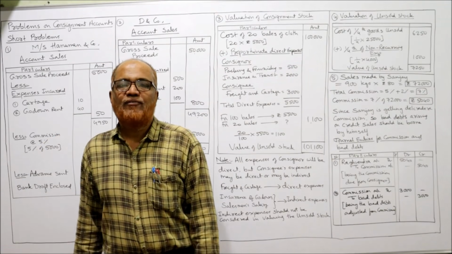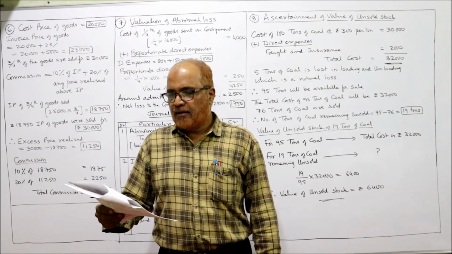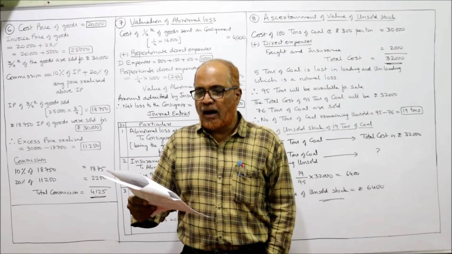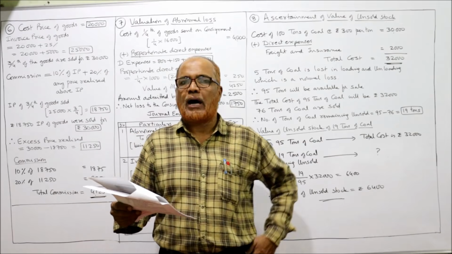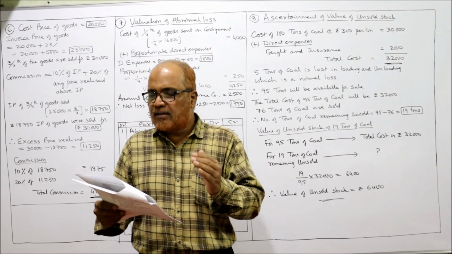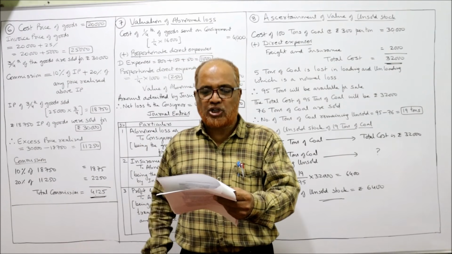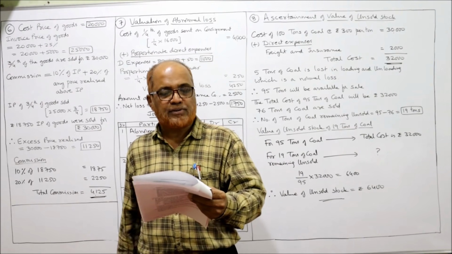So we have completed 5 short problems on consignment accounts. Come on, see the 6th problem. Now I am going to start the 6th one. Abhay sends goods on consignment to Rajendra. So Abhay is the consignor, Rajendra is the consignee. The terms are that Rajendra will receive 10% commission on invoice price, which is cost plus 25%.